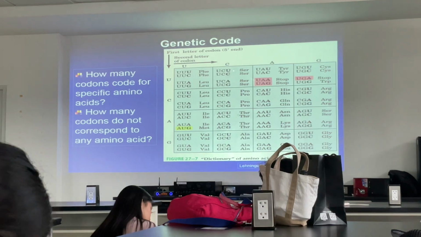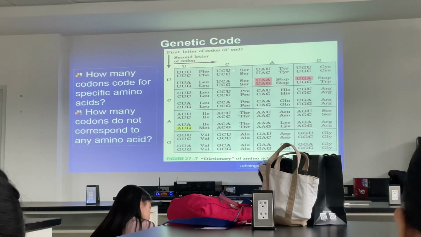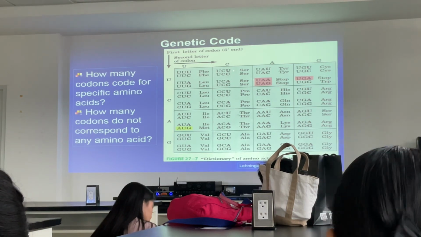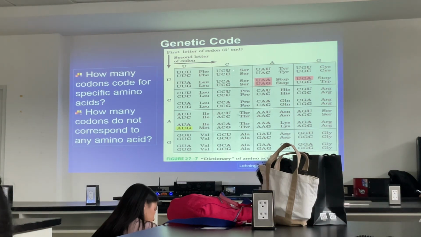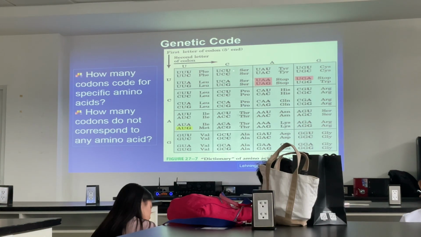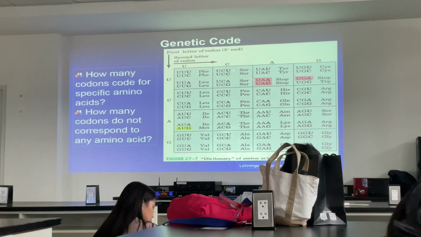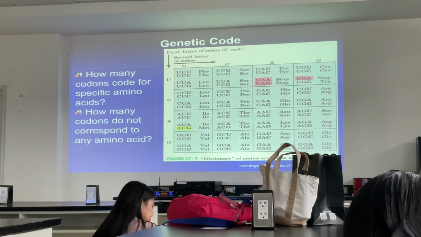So out of the 64, there are 3 stop codons. What is the meaning of the stop codon? Okay, very good. It signifies termination of protein synthesis, or termination of polypeptide chain elongation during protein synthesis dictated by mRNA in the ribosomes.